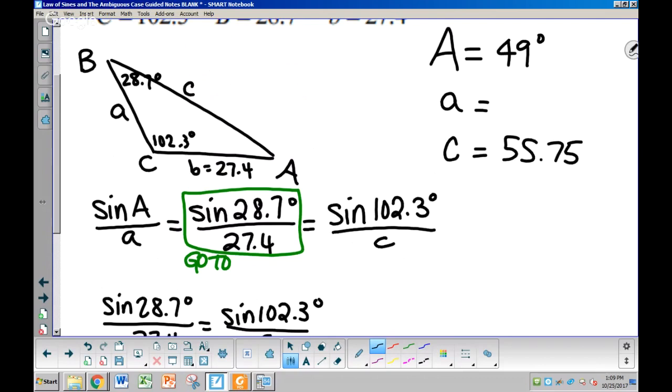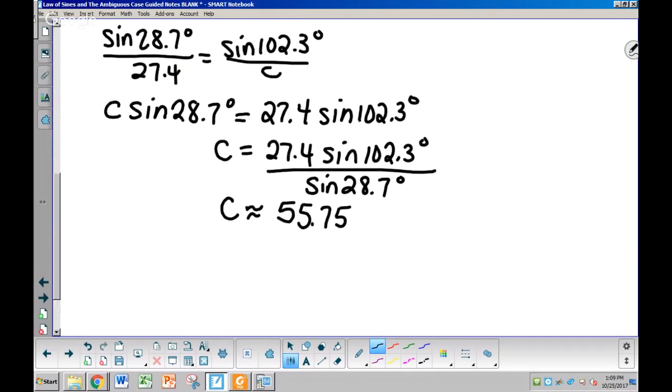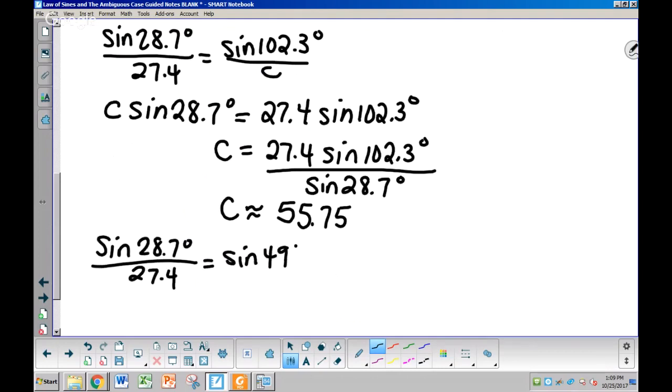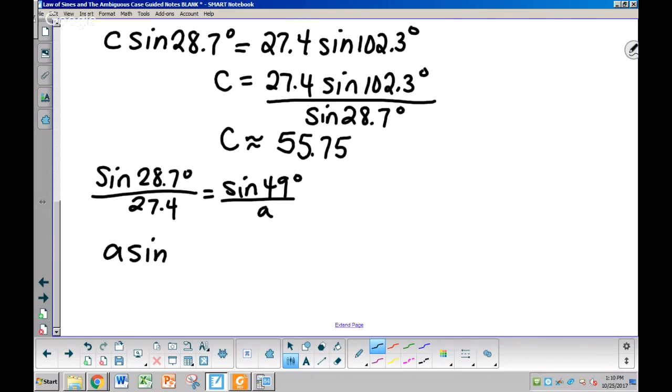Now I need little side A. I go back to my go-to ratio, and then I'm going to solve for little side A. So my go-to ratio was sine of 28.7 degrees over 27.4 equals the sine of 49 degrees over little side A. Cross multiplying, we're going to get A sine of 28.7 degrees equals 27.4 times the sine of 49 degrees.